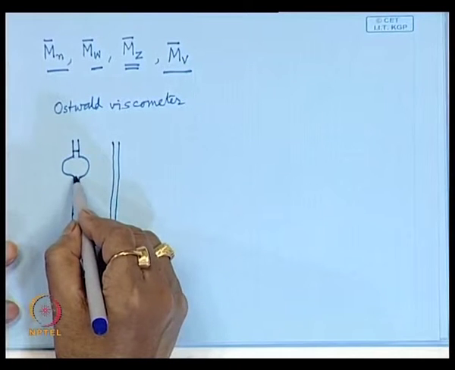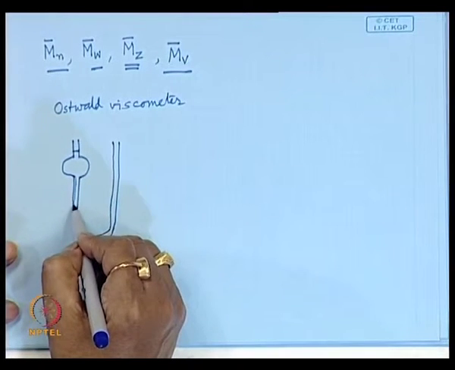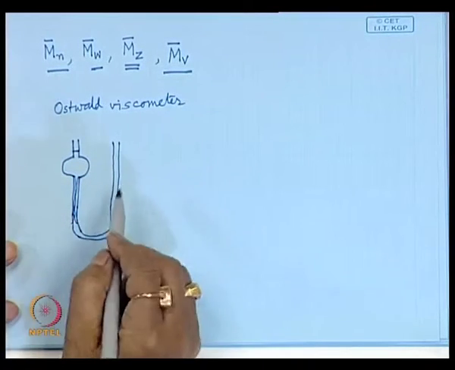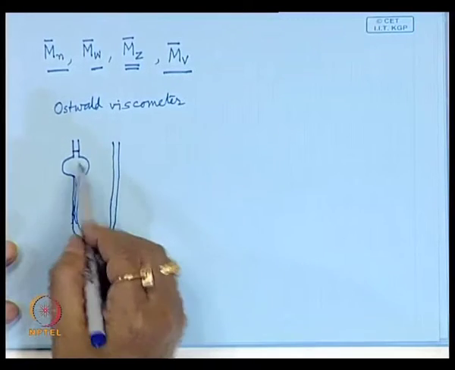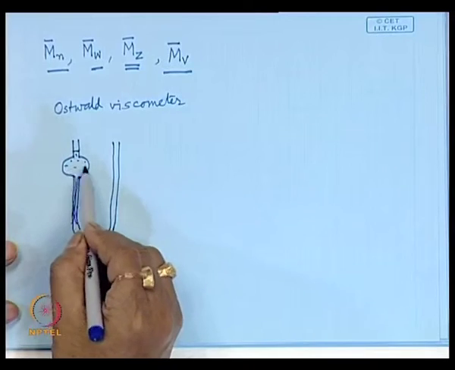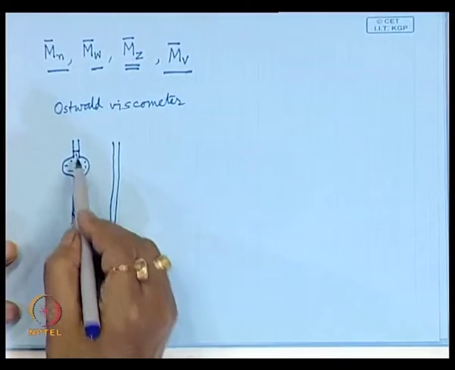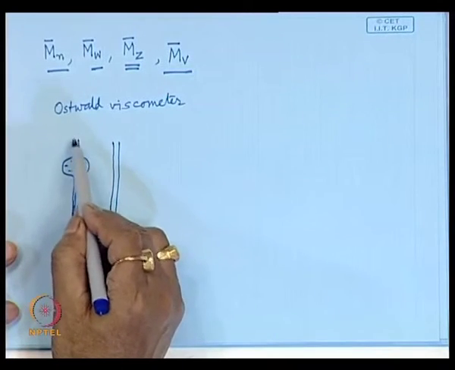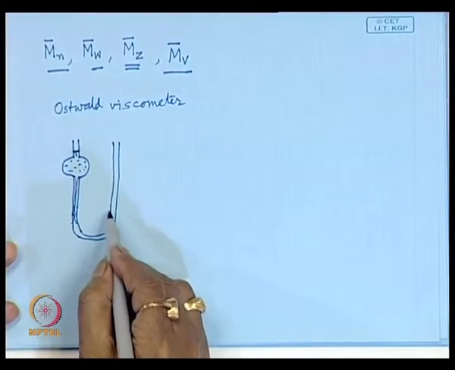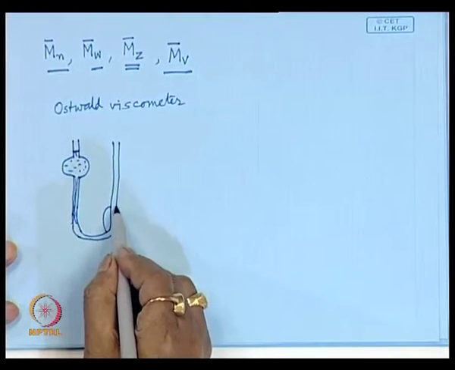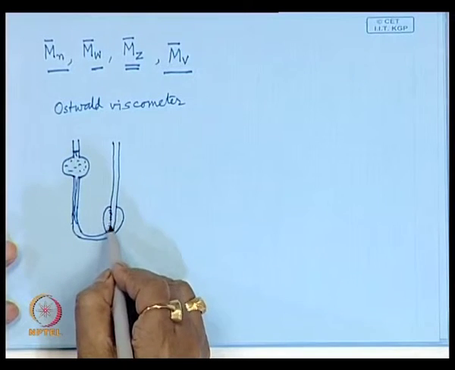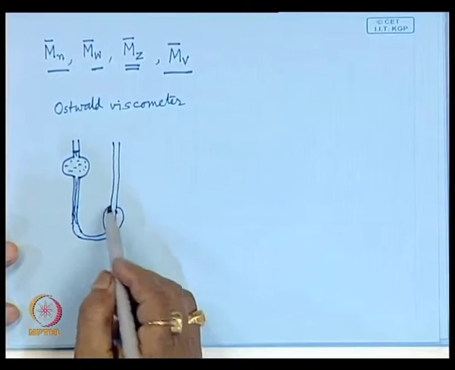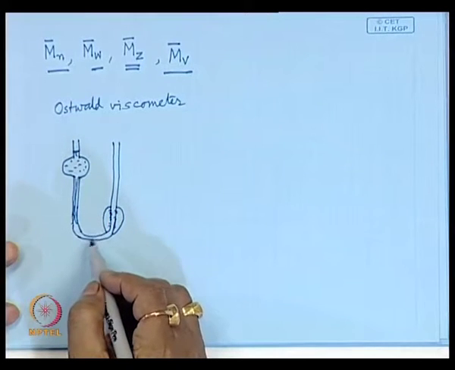Here is a mark, and inside there is a narrow capillary. Okay. You fill this bulb with the solution up to this mark by sucking with the help of a sucker from there. It can have one bulb over here, there is no problem like this. It can have a bulb, so that you can take more volume of solvent, more volume of solution over here. So, this is one Ostwald viscometer.